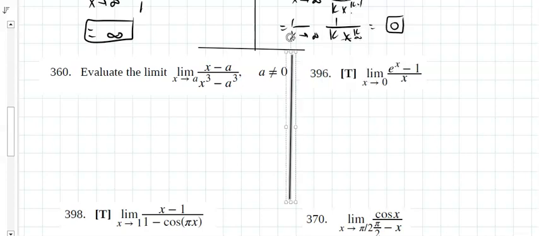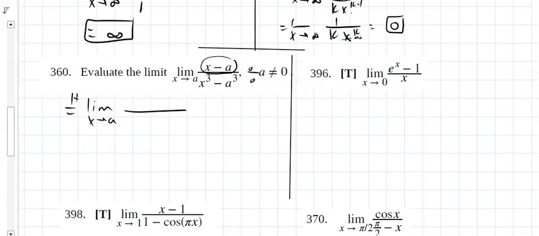So what if I want to take the limit as x approaches a of x minus a over x cubed minus a cubed? Well, a is a constant, but it's not 0. If I put an a in there, a minus a is 0, and a cubed minus a cubed is 0. Since I get 0 over 0, I could apply L'Hopital. That's the limit as x approaches a of the derivative of the top.